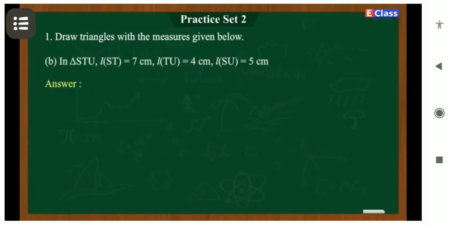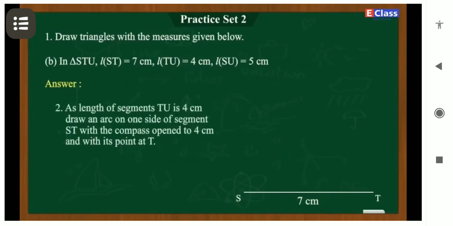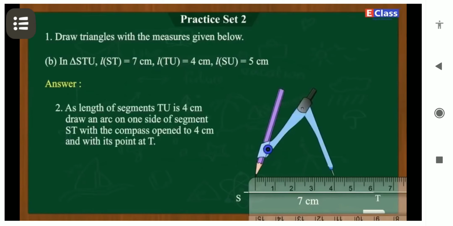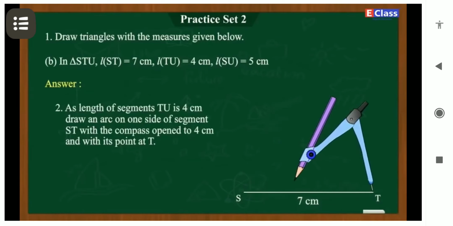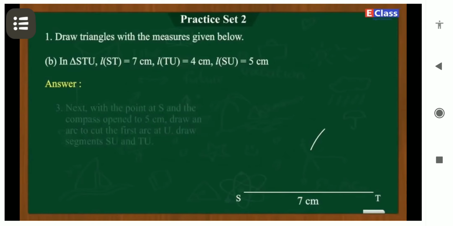Answer. 1. Let's take segment ST of 7 centimeters as the base. 2. As length of segment TU is 4 centimeters, draw an arc on one side of segment ST with the compass opened to 4 centimeters and with its point at T. 3.